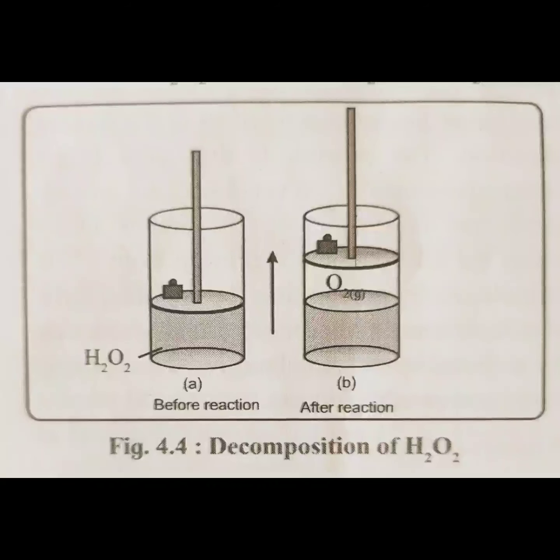The reaction takes place: two molecules of H2O2 in liquid state give two water molecules and oxygen in gaseous state. In this first cylinder, we take a piston and put up the mass.